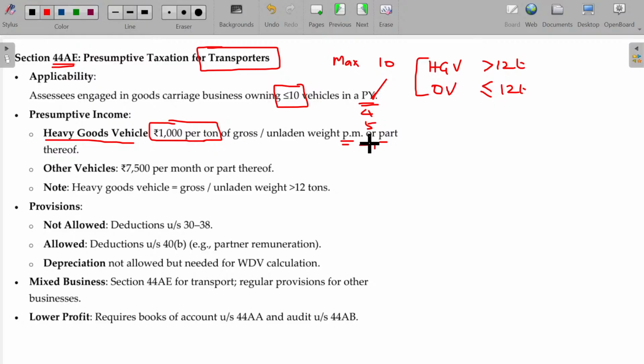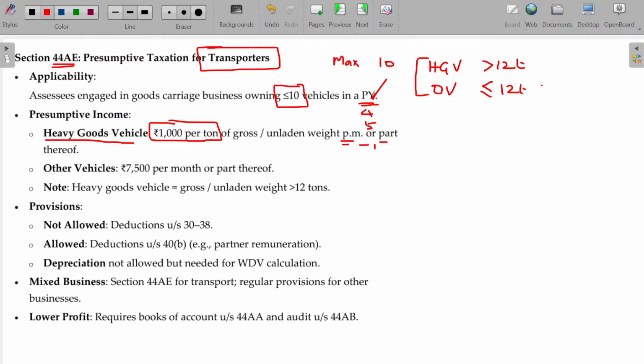Automatically what happens? While selling 4, it becomes 6. While purchasing 5, it becomes 11. The next day you sold 2 items, then 9. But on that one day you have 11 vehicles. Then you lose section 44AE benefit. If you lose section 44AE, what happens? Go and maintain the books of accounts as per section 44AA and get your books of accounts audited under section 44AB. Clear?